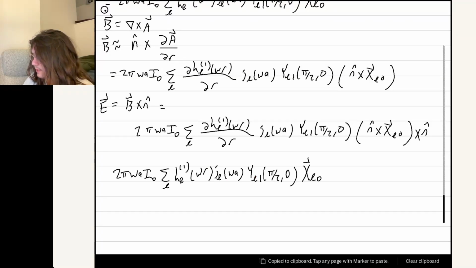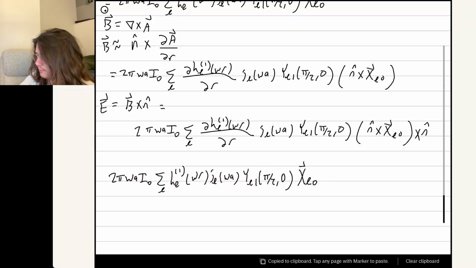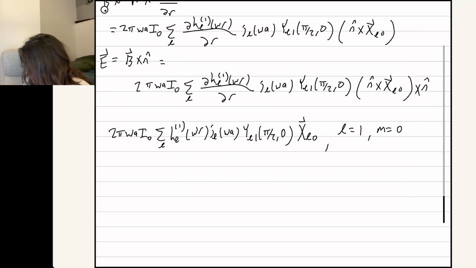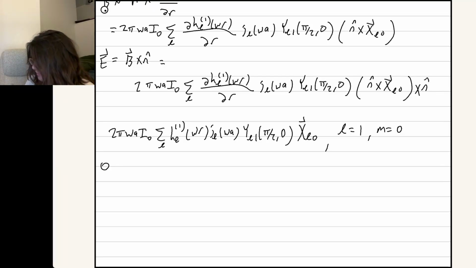But then I'm going to actually apply approximations to it. But clearly the lowest non-vanishing multipole is just the l equals 1, m equals 0 term, because X_00 is just 0. So don't even worry about that. So just get the l equals 1 stuff.